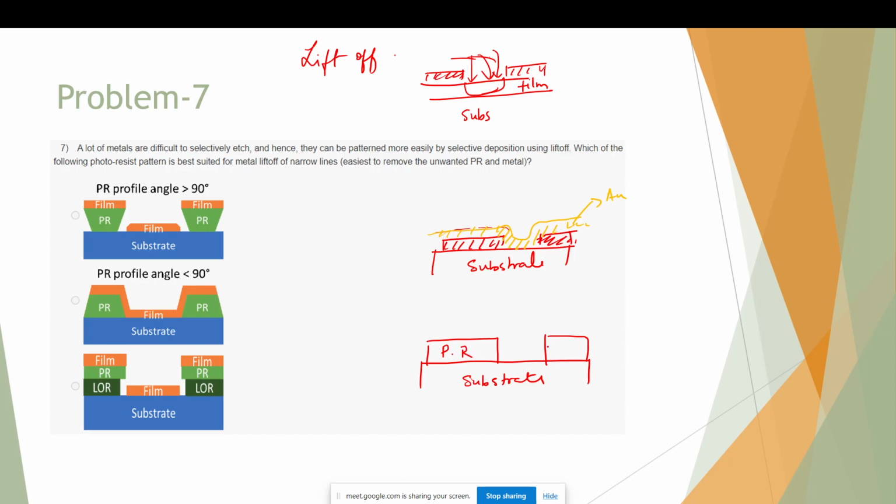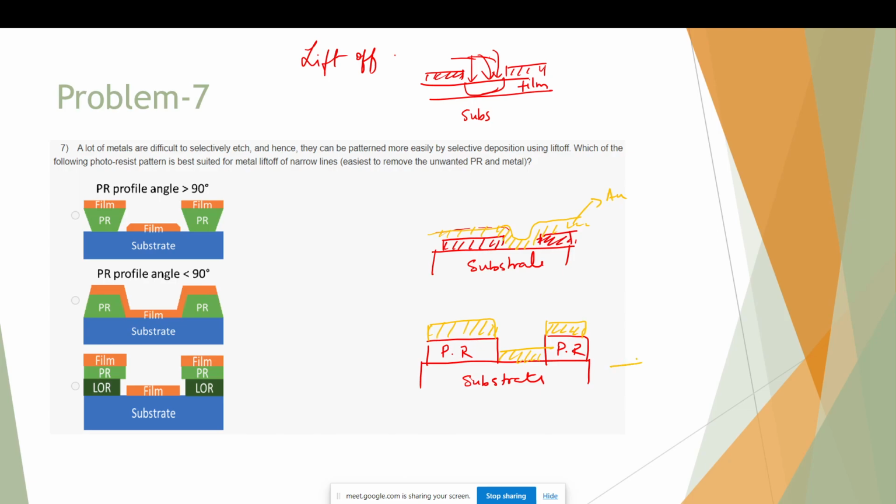PR. Now when I deposit gold using sputter or evaporation, the gold will come like this. Now I will put this in solvents like acetone, IPA, and wash off this PR.